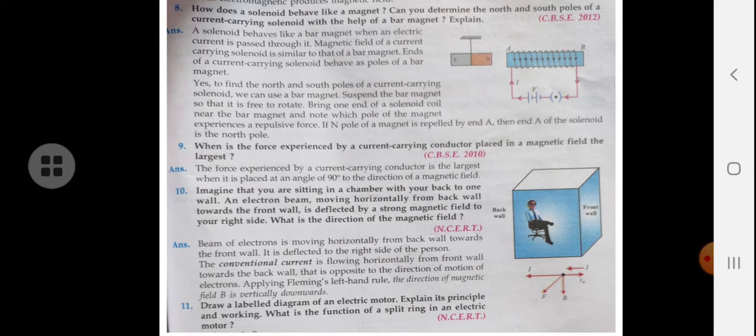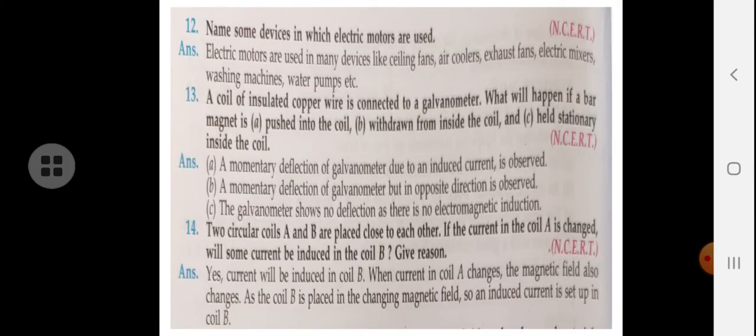So this chapter is over. Prepare it. Question number 12 is also on the basis of this. Name some devices in which electric motors are used. Many devices like ceiling fan, air cooler, exhaust fan, electric mixers, washing machine, power pumps, etc. contain electric motors.